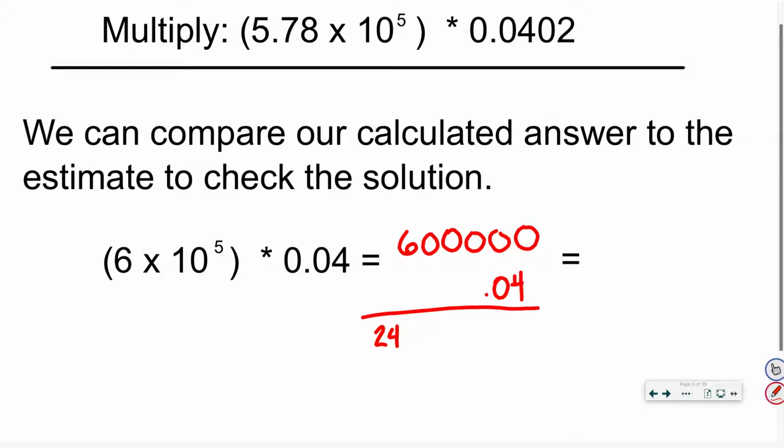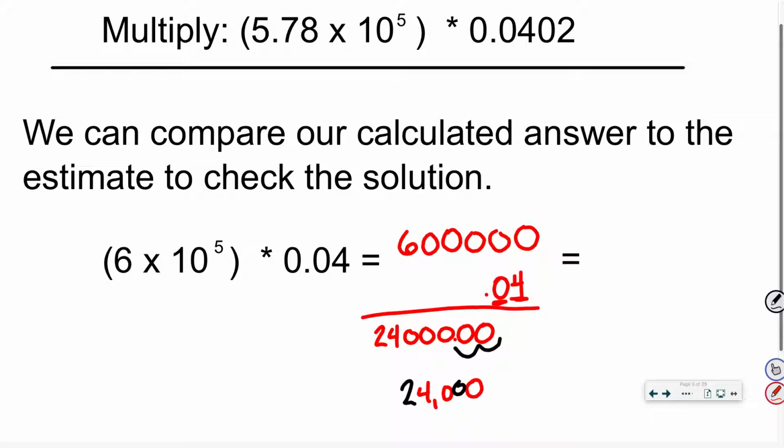So if 6 times 4 is 24, then 600,000 times 24 should be what? Now our answer here is not really 2,400,000. We would need to bring back in our decimal places to have 24,000 if you decided to break it out.